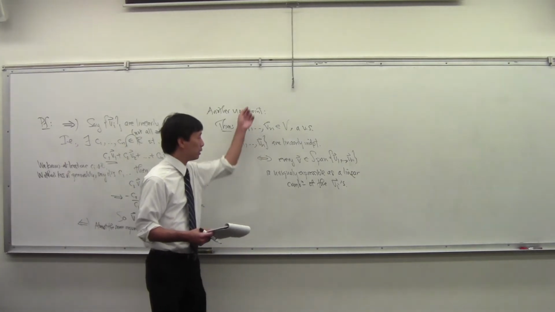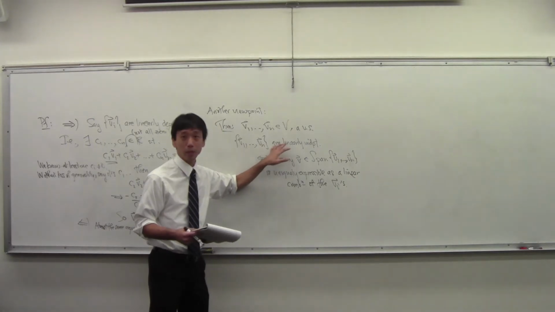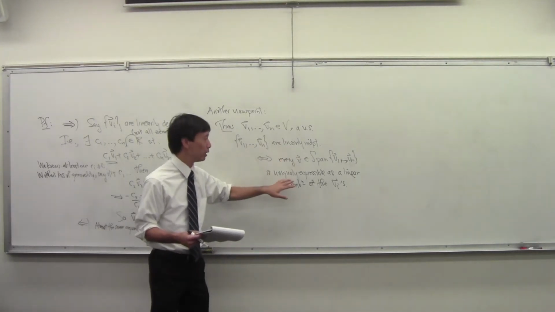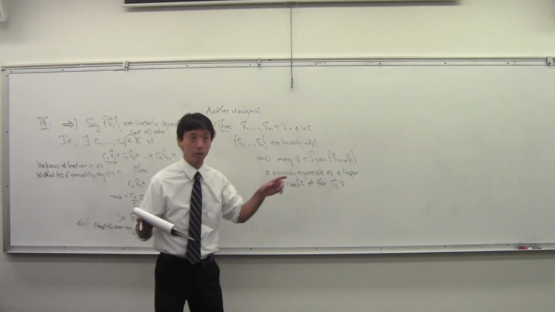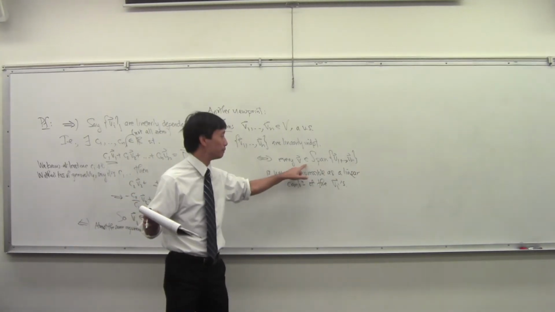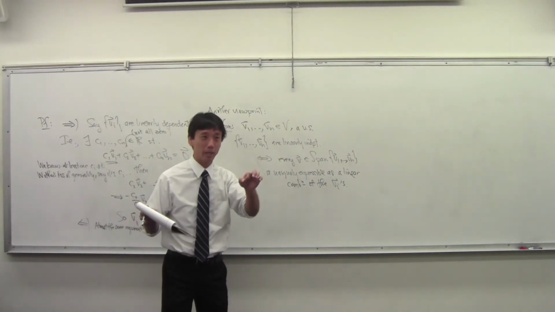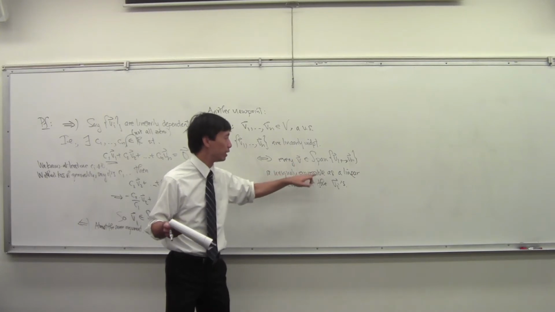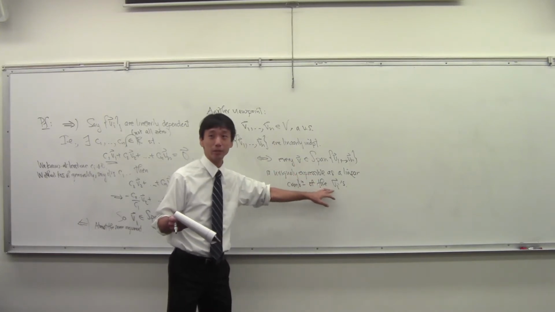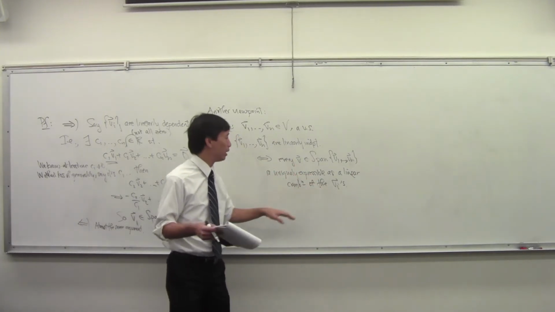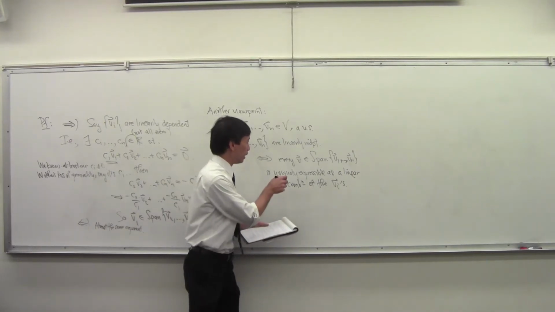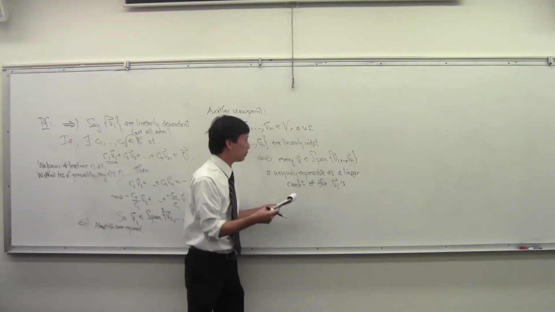Okay. So what does linearly independent mean? Linearly independent means that if you look at the span, everybody in the span is unique. Each vector in the span is uniquely expressible as a linear combination of the VIs. So what's the key part here?